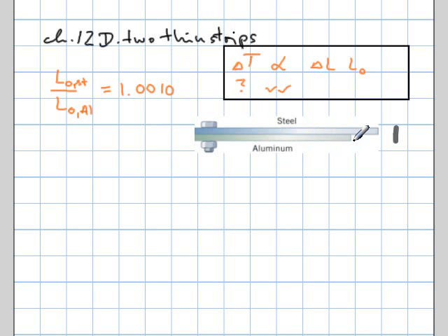But as I said, I would just prefer to have the original lengths given, because other than that, it's going to be, well, to say the least, interesting algebra. So let me get started on this one here.